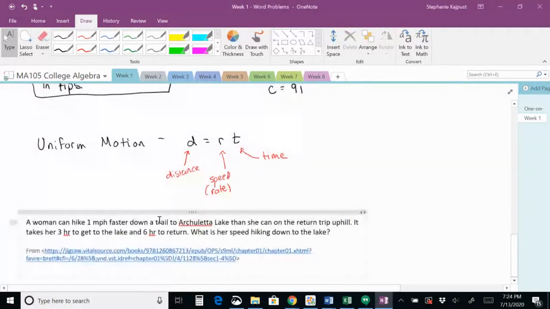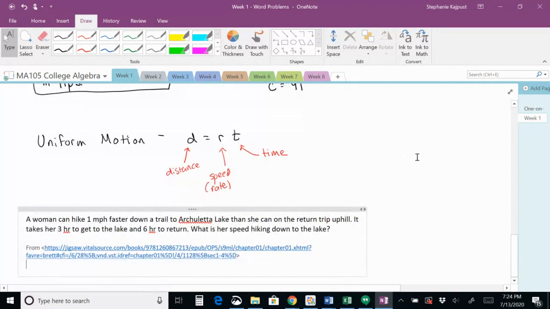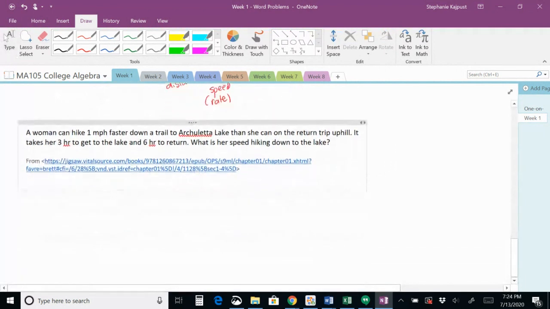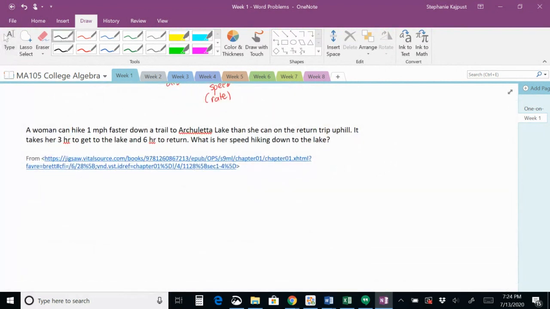Okay, so I'm going to just paste this in. A woman can hike 1 mile per hour faster down a trail to Archuleta Lake than she can on the return trip uphill. So I like to just immediately draw pictures. I am going to draw a hill.